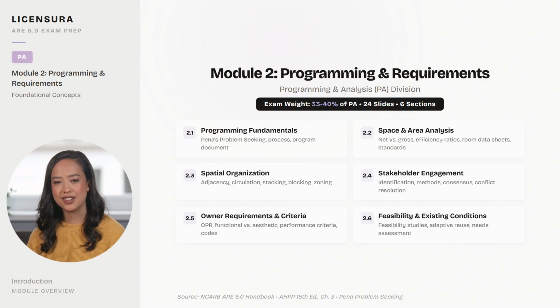We've got 24 slides across 6 sections, and I want to give you a quick roadmap so you know what's coming. Section 2.1 covers programming fundamentals, Pena's problem-seeking, process, program document. Section 2.2 covers space and area analysis, net versus gross, efficiency ratios, room data sheets, standards. Section 2.3 covers spatial organization, adjacency, circulation, stacking, blocking, zoning.